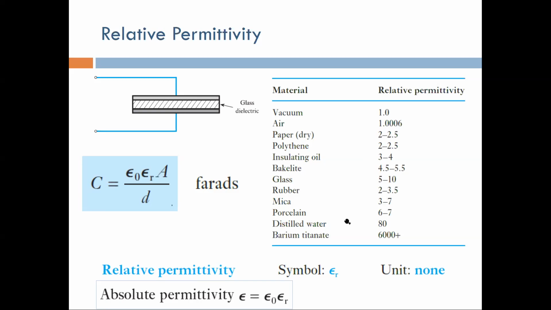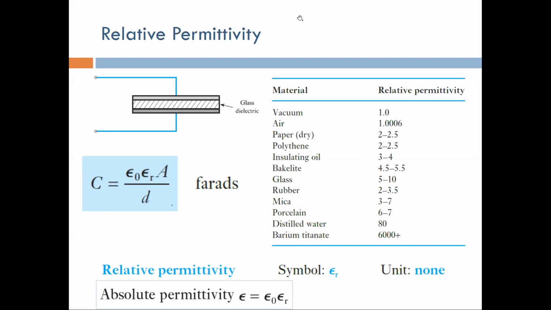Distilled water, without any salts, does not conduct electricity. If you have barium titanate, you have 6,000 plus. So the kind of material you use will determine the range of capacitance values that you end up with.